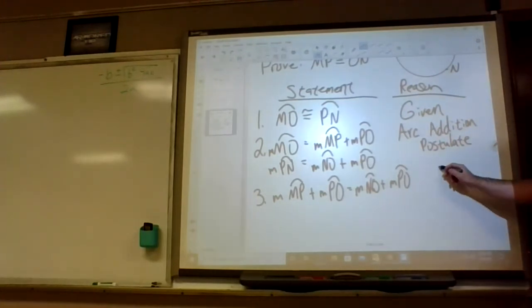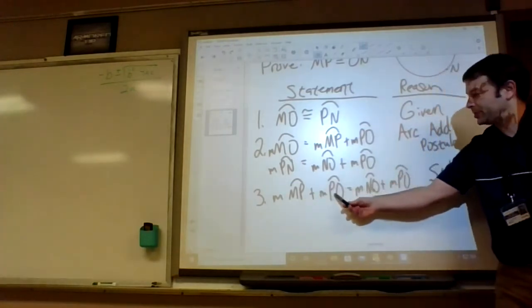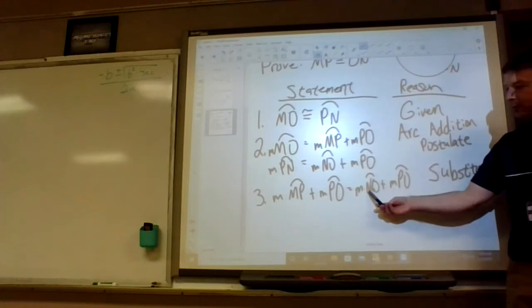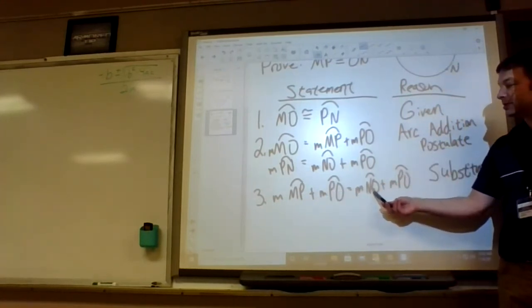Does that mean that MP is the same as NO? Yeah, but we've got to say it a certain way. You can see that MP plus PO is the same thing as NO plus PO. So therefore, we're trying to say MP and NO are the same thing. That's what we're trying to get to.